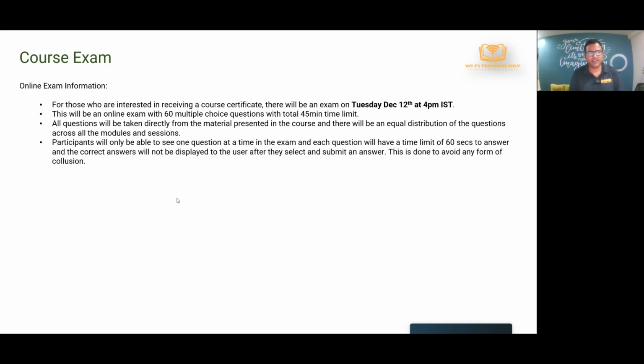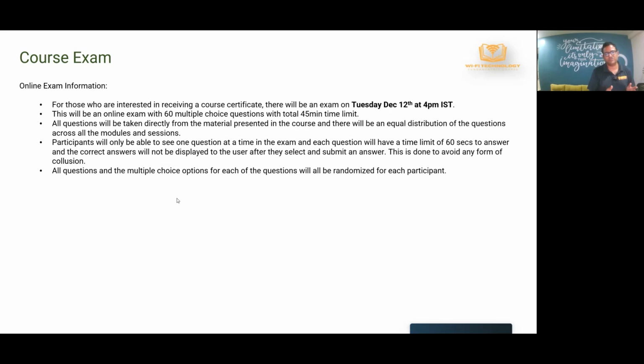All questions will be multiple choice, and all the questions and the multiple choice options will be randomized, which means that everyone gets a different order of questions. So if you're person 1, the first question might be the 10th question for person 2, right? The multiple choice options are also randomized in the exam software. That builds another layer of security. We're talking about security modules. Of course, we need to talk about the secure exam, right?